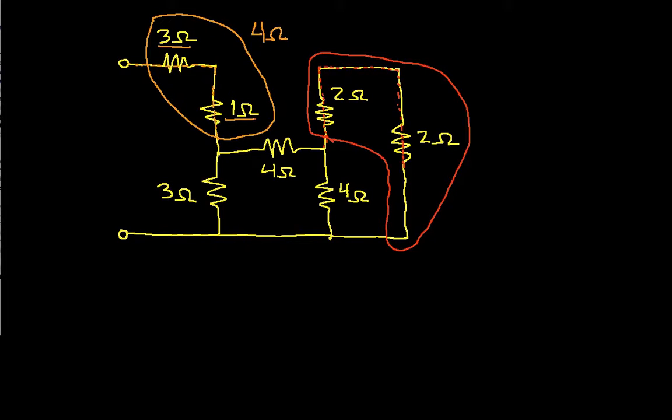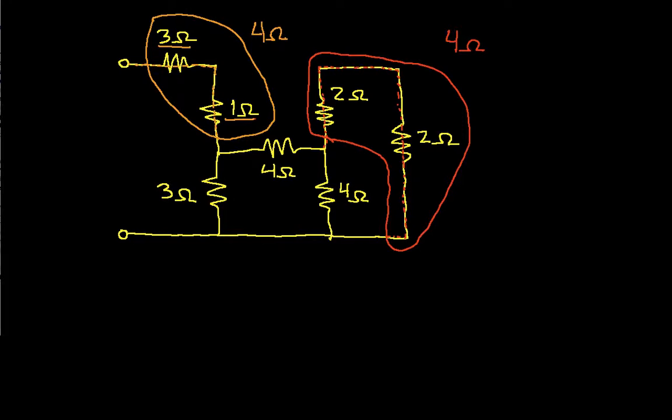So in fact, although these resistors are drawn so that in the schematic they lie parallel to each other, electrically these two resistors are in series. And so because these two resistors are in series, I can write their equivalent resistance as the sum of the two resistances. So 2 ohms plus 2 ohms gives me 4 ohms.